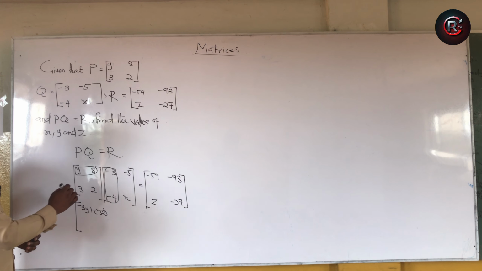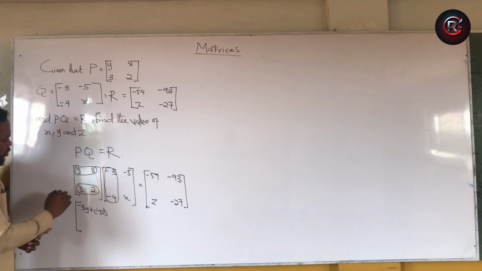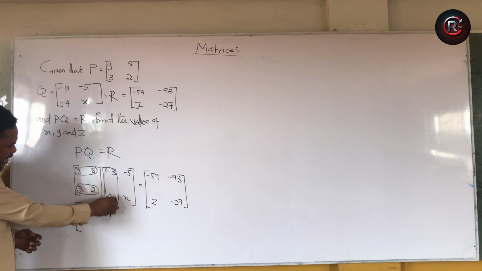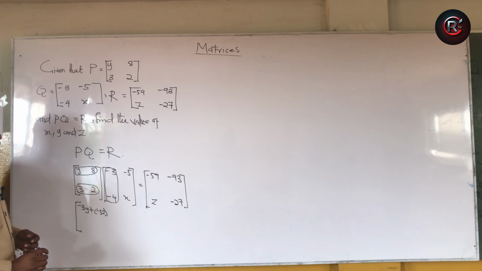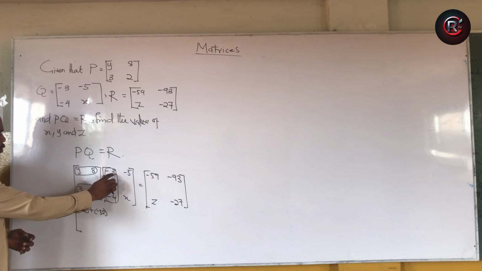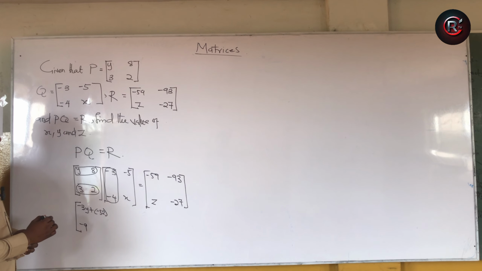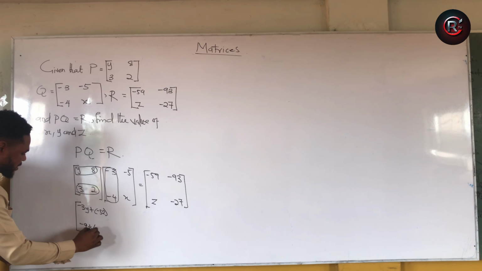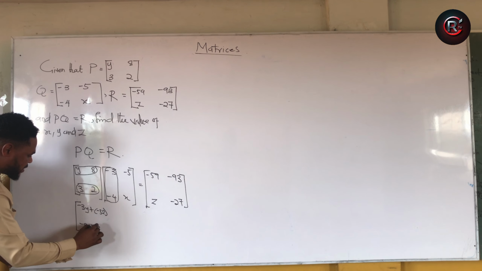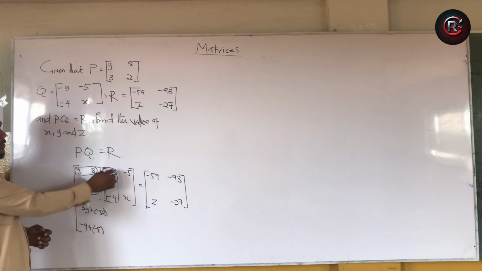After that, we take our row here to multiply the same column, then we put it under it. Then we concentrate on this one. This will multiply this, and that will be -9. Plus this will multiply this, and that will give us -8.